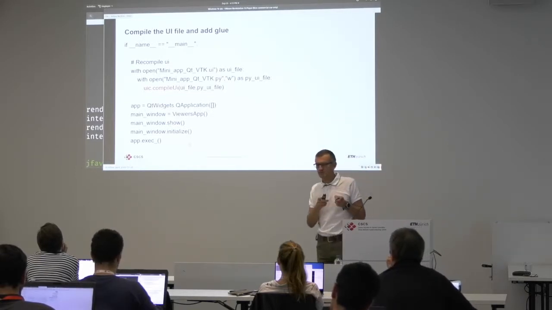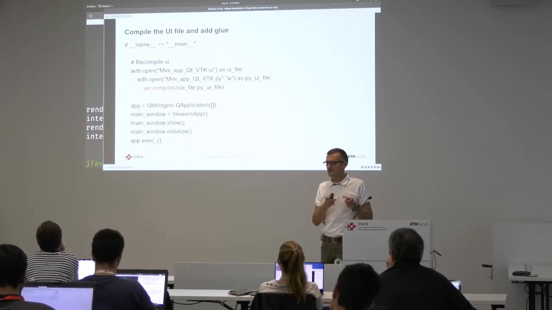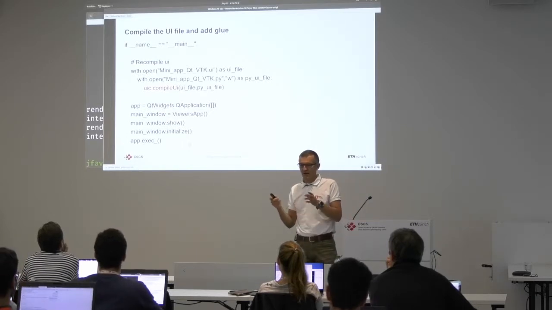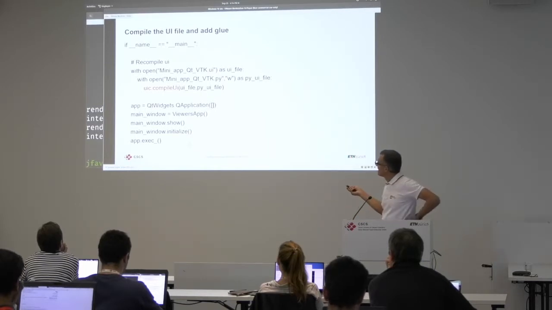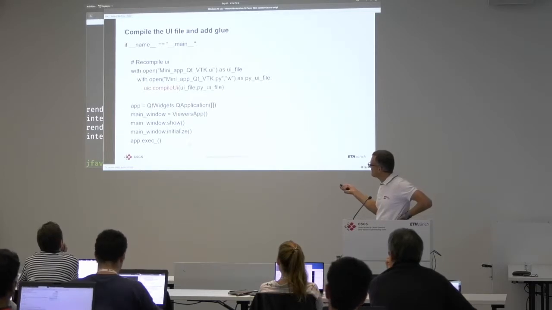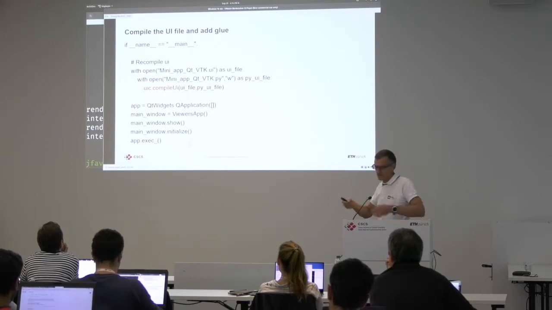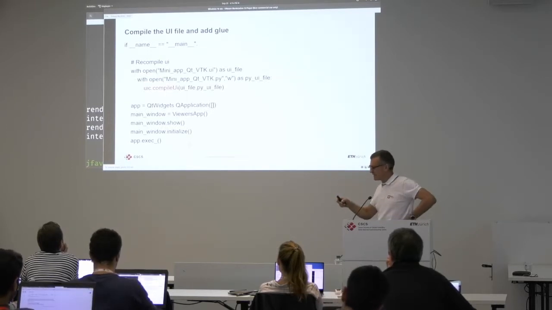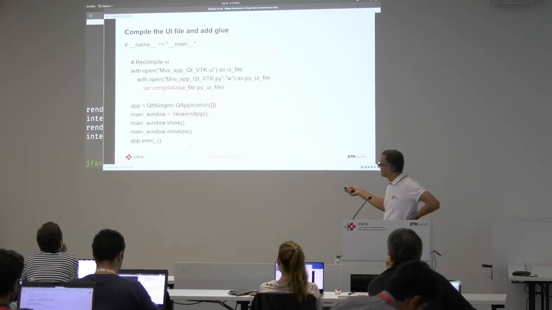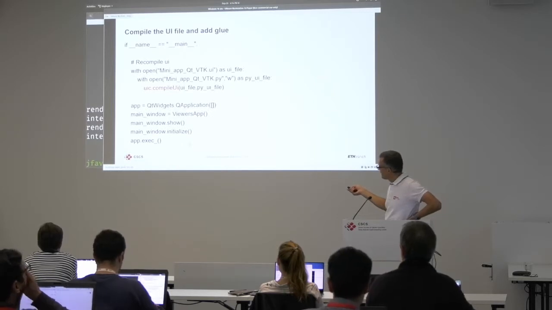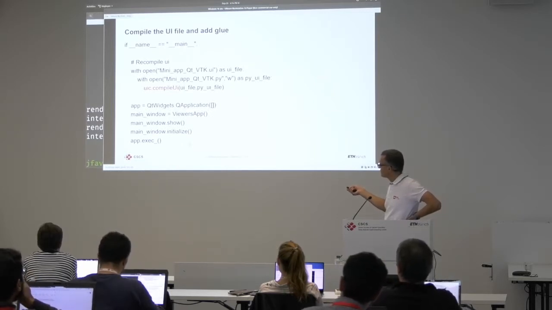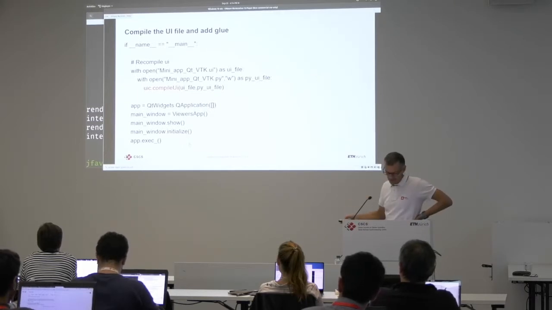So we have converted the Qt UI file to Python code. And then we put both Python codes together, and we have it. So we compile the code like this, and then we create, and those lines are exactly, you cut and paste those 5 lines for each mini app that you wish to have. You derive your main application from the QApplication object. You create your main window, you show your window, initialize, and then exec.